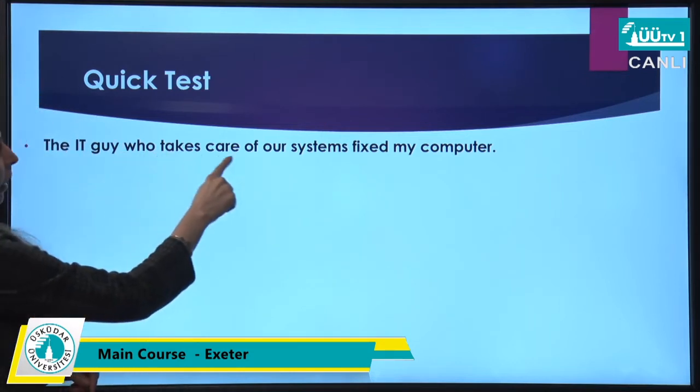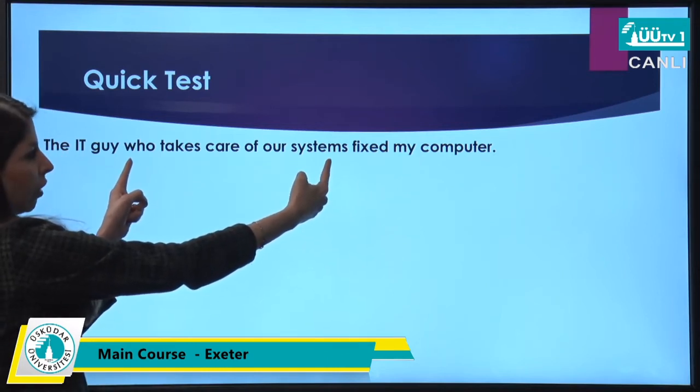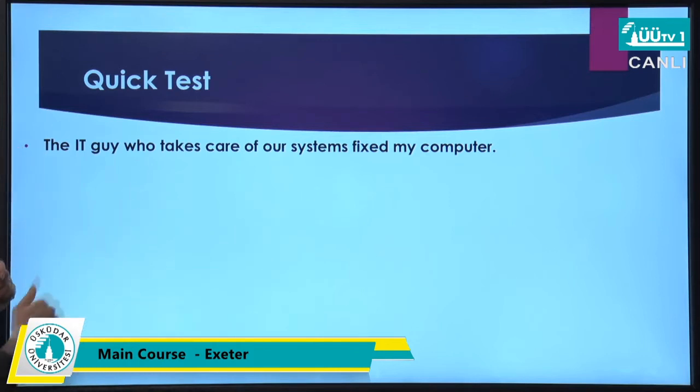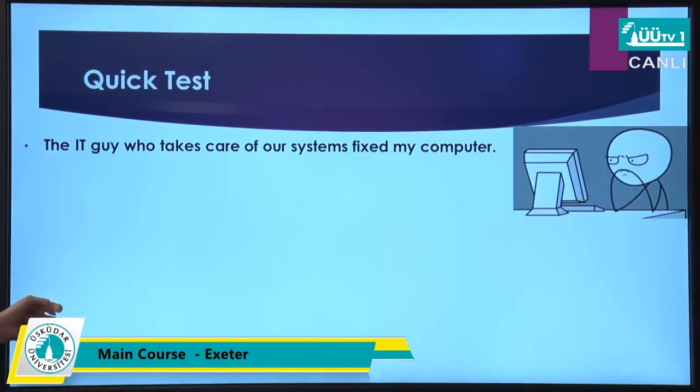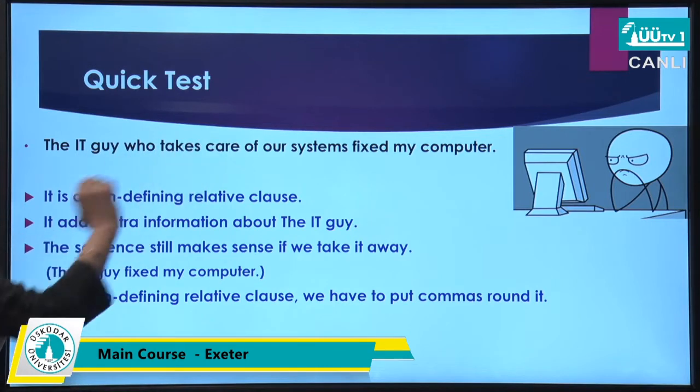So who takes care of our systems is our relative clause. So do you think that it is necessary? No, it is not. So as you could guess, it is a non-defining relative clause and it adds extra information. The sentence still makes sense if we take it away. Just take this part away.